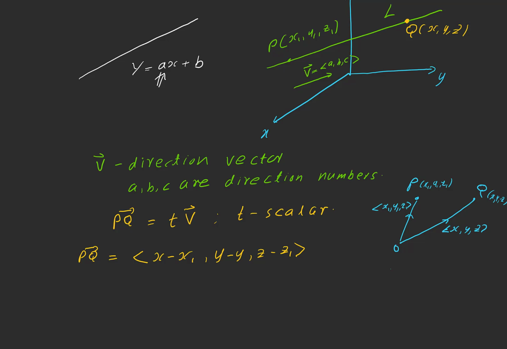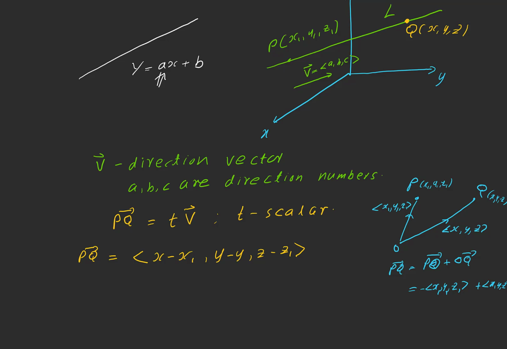So we can find the PQ vector equal to the PO vector plus the OQ vector. The PO vector is negative (x1, y1, z1), plus the OQ vector (x, y, z), so we can get the PQ vector.